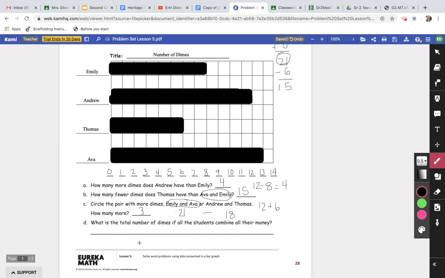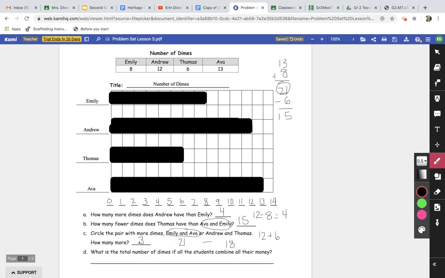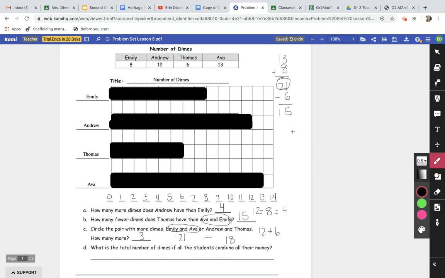And last it says, what is the total number of dimes if all the students combine their money? So it's asking me to add everything together. So I can do that like I did last time in a long vertical method, or I can look, I've already added 13 and 8, which was Ava and Emily, and I added 12 plus 6. So what I could do is I could literally just add these two together, 21 plus 18, and get the answer that way.